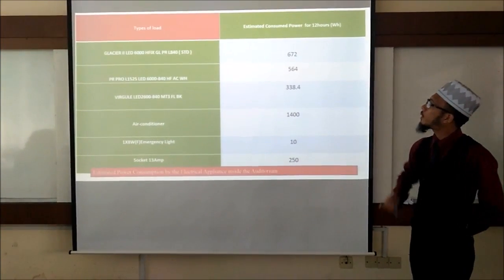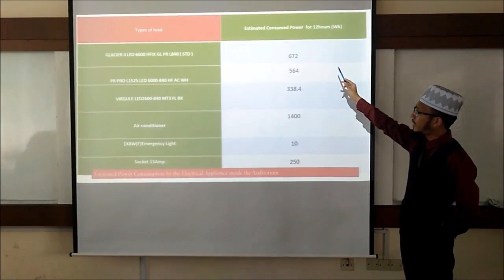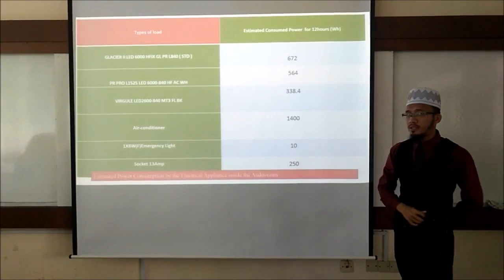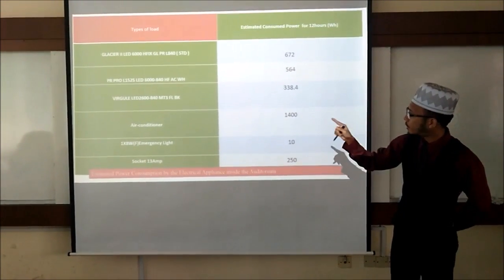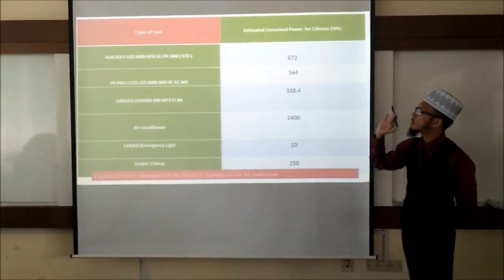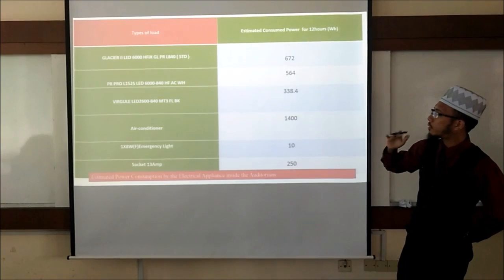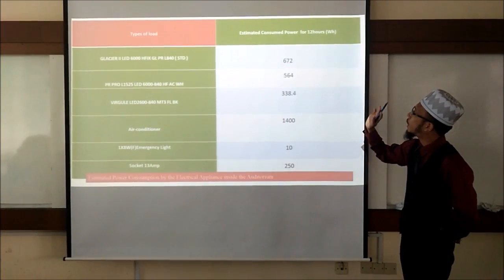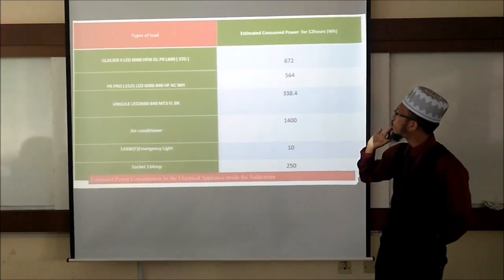This is for maximum. For the LED bulb, it uses 672 watt hour, and for the fluorescent LED we use 564 watt hour, and the spotlight is quite low because it consumes around 338.4 watt hour.